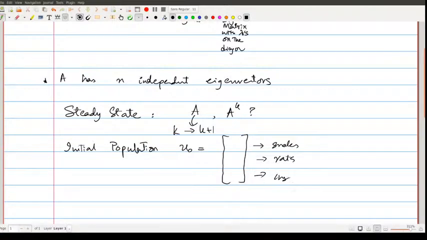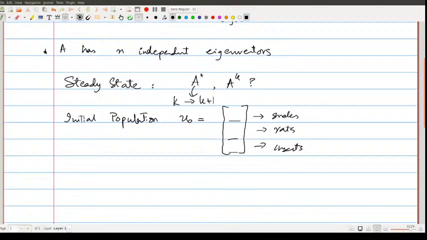Okay, so let's say these are the three animals in our population, and each of these entries determines the initial number of these animals living in a particular ecosystem, right?